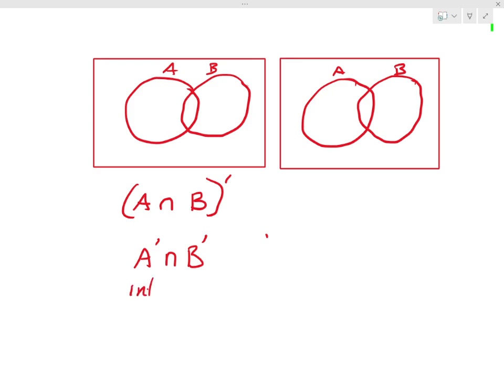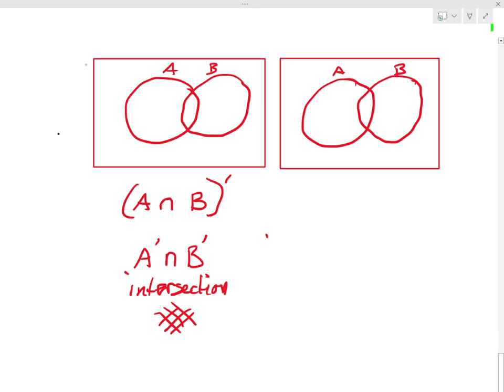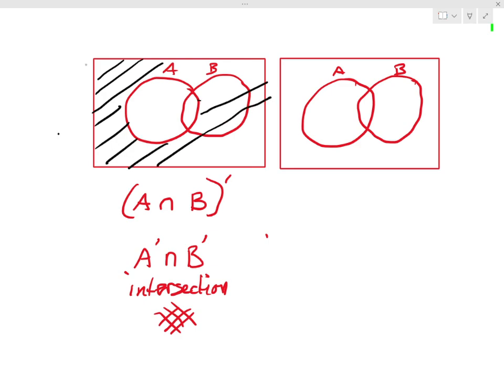So again, this is an intersection and you're going to use the crosshairs. So let's do a change of colour. Everything that's not in A. Now everything that's not in B, and we do it the other way around.